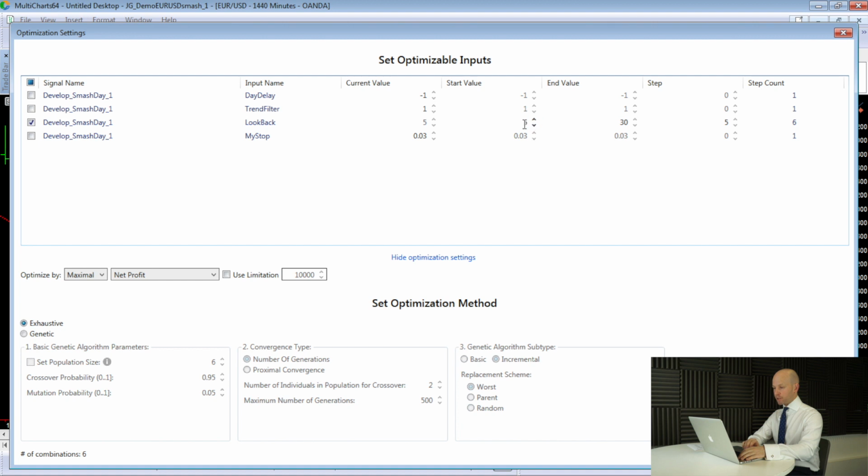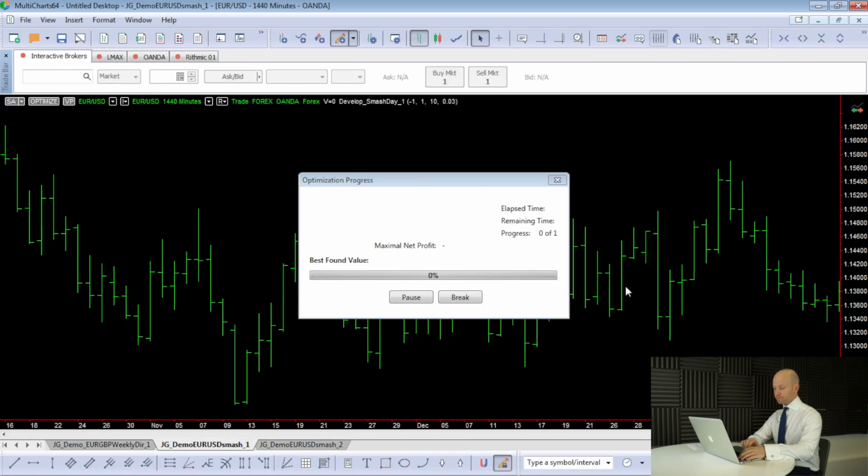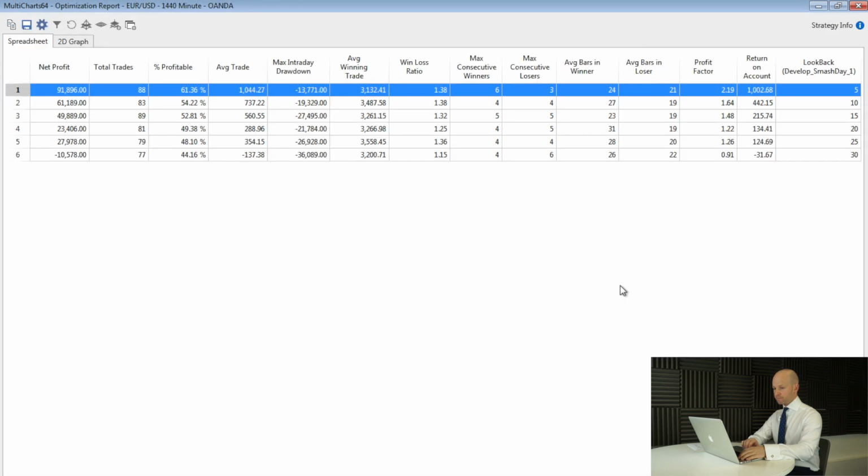We run an optimization from 5 bars through to 30 bars in steps of 5 bars. And we can see look back here, 5 bars, 10 bars, 15 bars, and net profit. Quite clearly see that the best is actually 5 bars, not 10 bars. So let's select 5 bars.